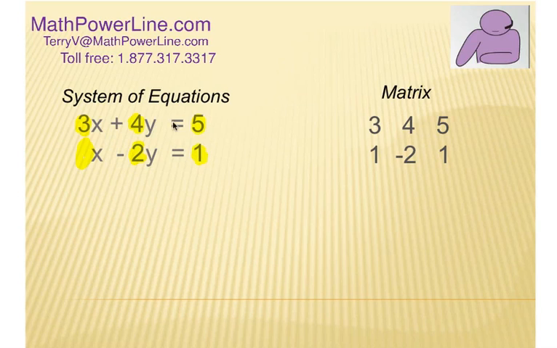So you look at the 3, 4, 5 and the 1, of course it's a 1 if you don't see one, a -2 and a +1. So what you do is you basically take your system of equations and copy down the coefficients in a rectangular array. This is called a matrix.